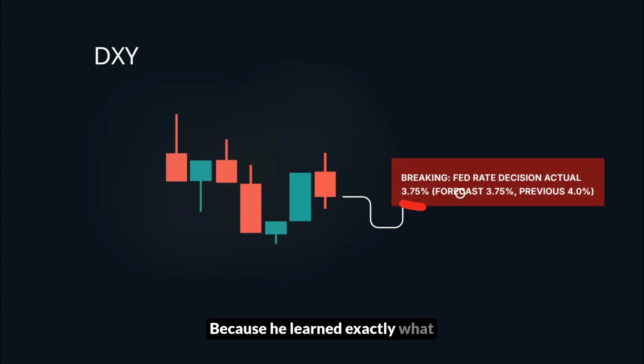He learned exactly what I just explained, but it stopped there and he didn't go through the video, because you're gonna see exactly where this goes later. He's just content with understanding that hawkish means bullish and dovish means bearish, and rate cuts mean bearish and rate hikes mean bullish, and he sells the dollar on this rate cut.